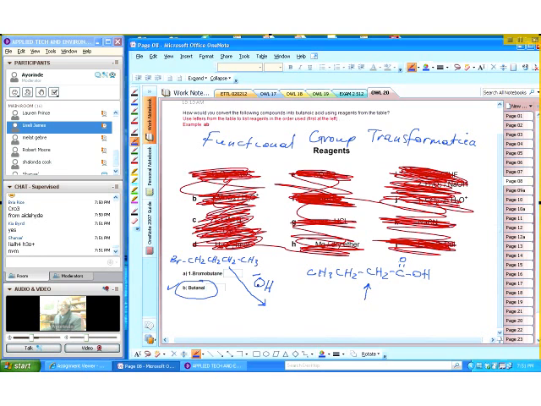If you remember last semester, we can do an SN2 reaction using a hydroxide on this primary alkyl bromide, and that will give you a primary alcohol. SN2 reaction of a hydroxide on a primary alkyl halide will give you a primary alcohol.